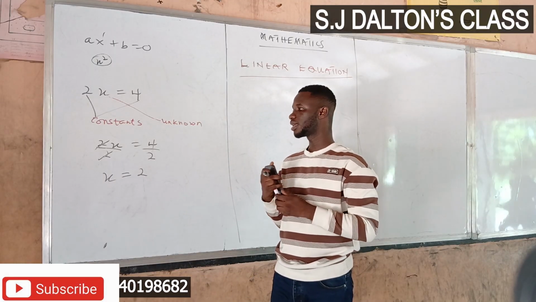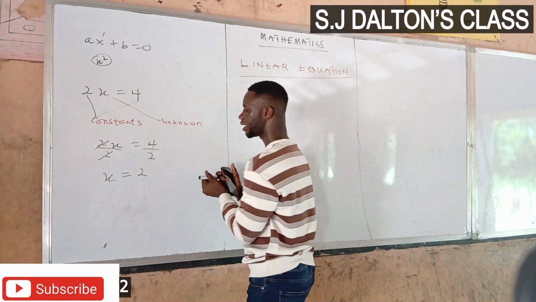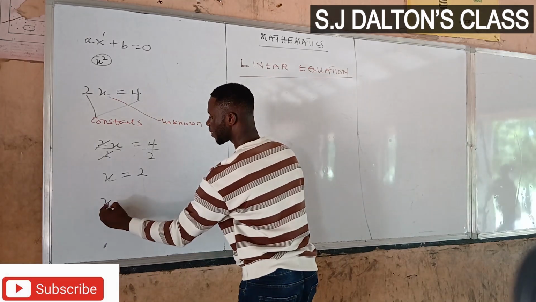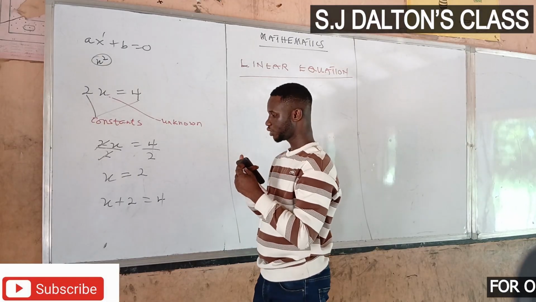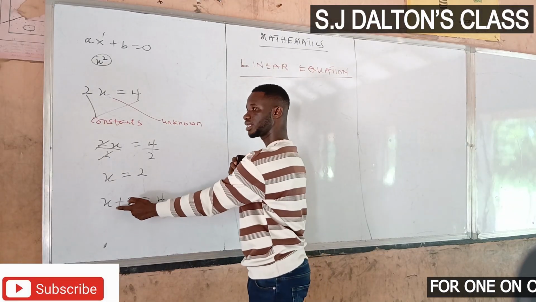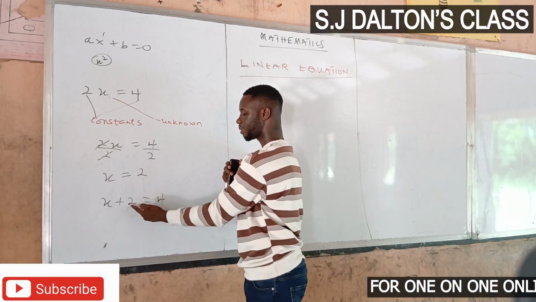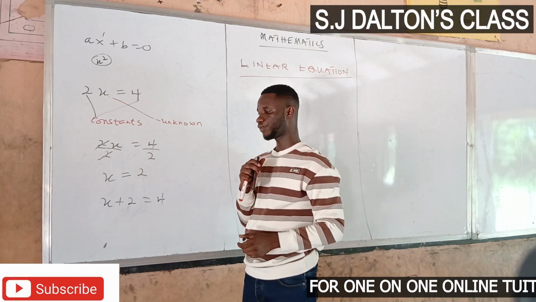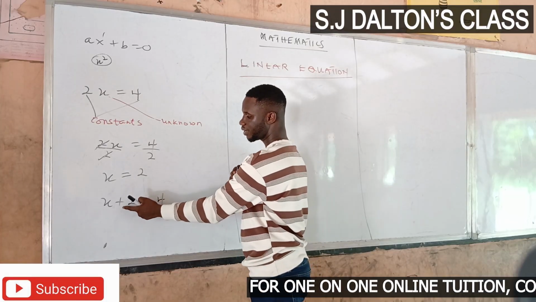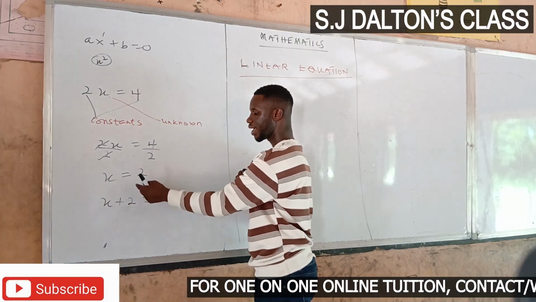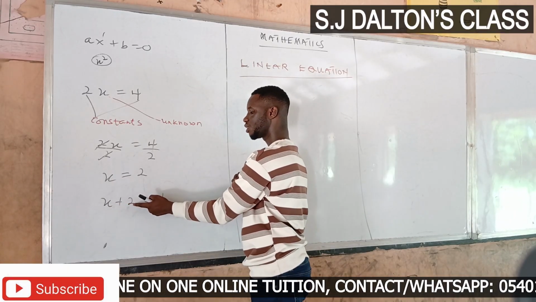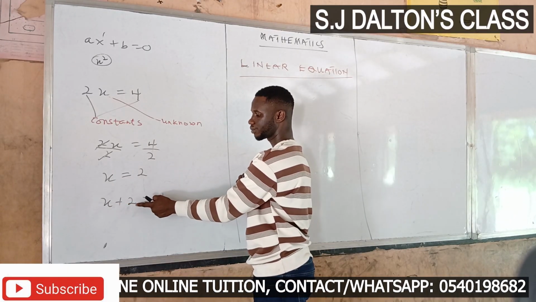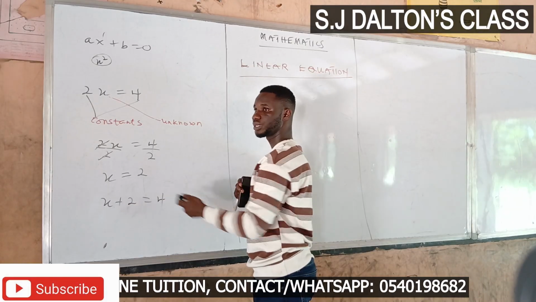As simple as that. But let's say it were x plus 2 is equal to 4. This one, we have a symbol that is separating the 2. x plus what? 2. That is equal to 4. So that means if it is plus, we have to get rid of the 2 here. The opposite of the plus is what?